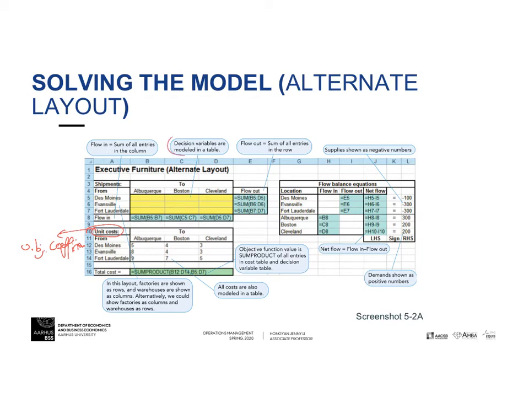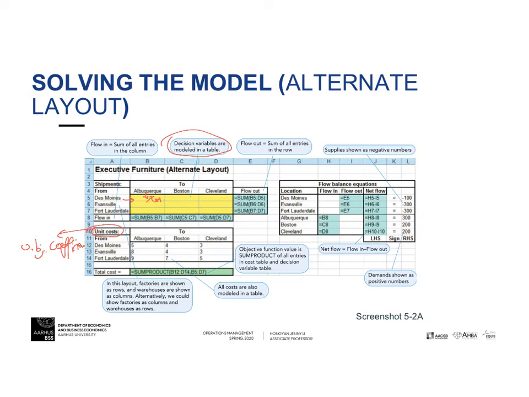Here you can see these are the decision variables, but now the decision variables are modeled in a table. From this table, you can clearly see the decisions from one factory to one warehouse, for example X11. Similarly, all these variables are directly defined in this table.